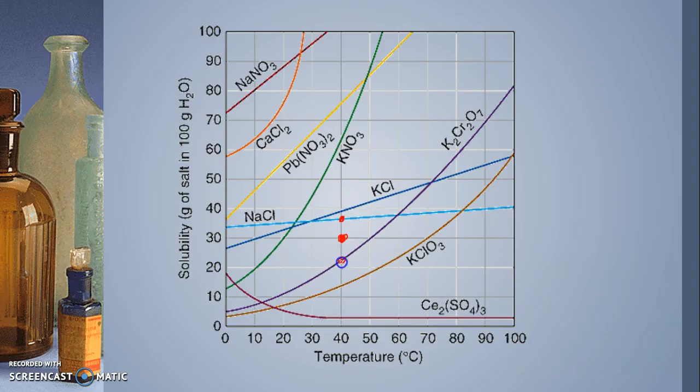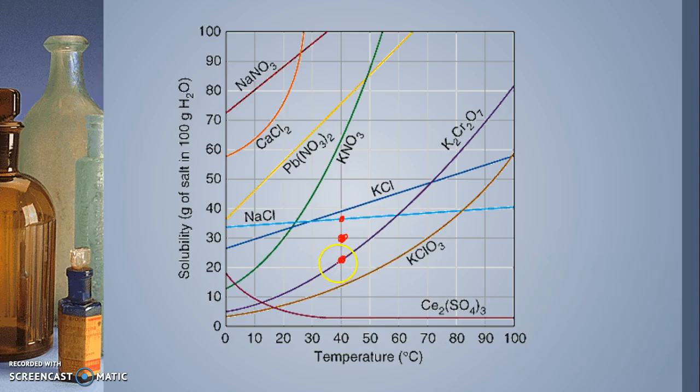Right here is the amount of K2Cr2O7 that should dissolve in 100 grams of water at 40 degrees Celsius, and that would be maybe 22, 23. So if I had 30 grams in 100 grams of water at 40 degrees Celsius, that would be more than I really should be able to dissolve, so we would call that supersaturated.